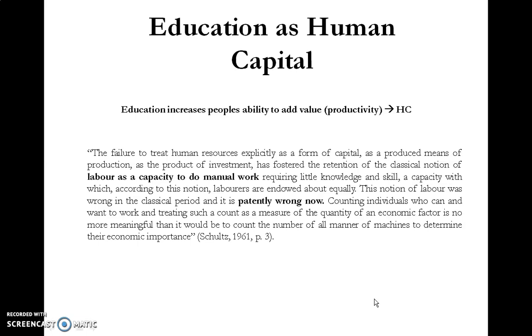And you can read more about this theory if you refer to the work of Schultz. The failure to treat human resources explicitly as a form of capital, as a produced means of production, as the product of investment, has fostered the retention of the classical notion of labor as a capacity to do manual work, which requires little knowledge and skill, a capacity which, according to this notion, laborers are endowed about equally.